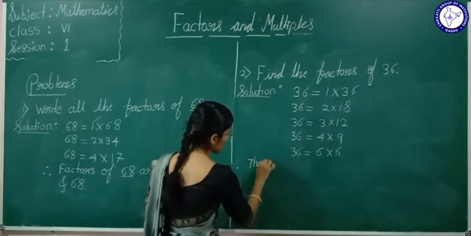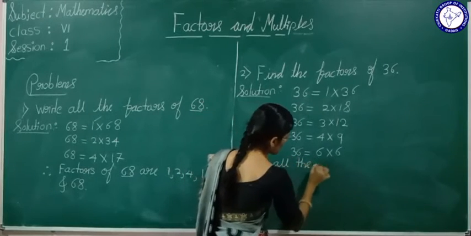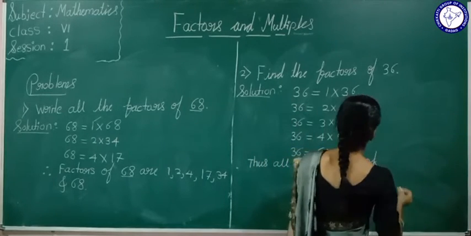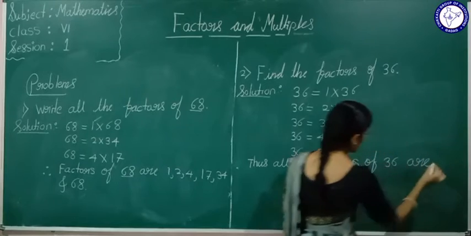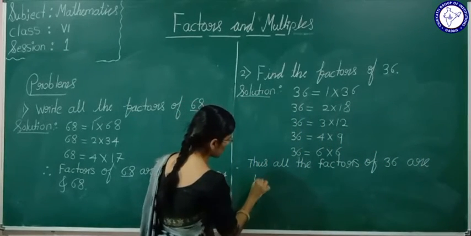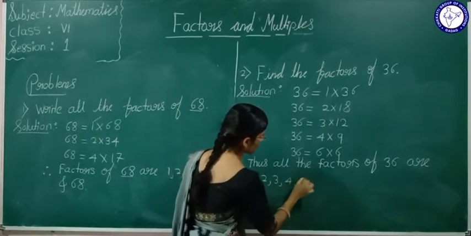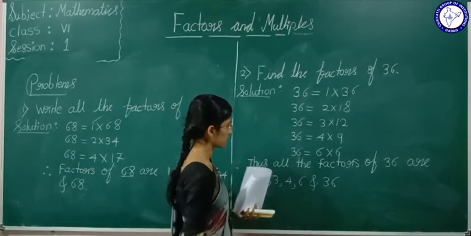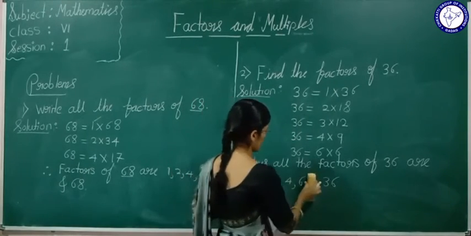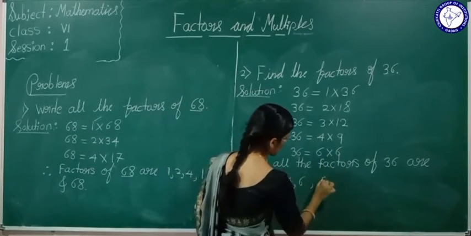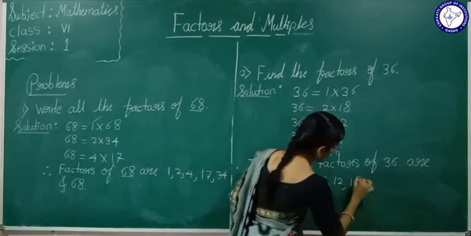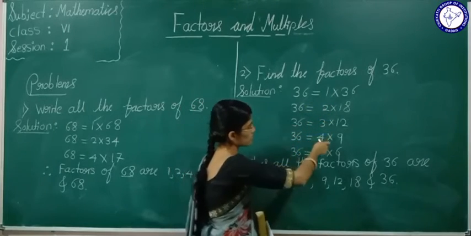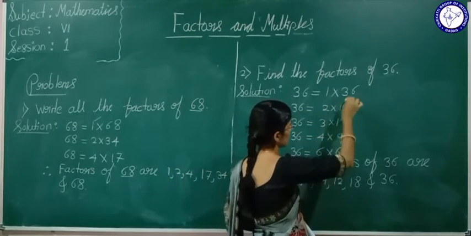Thus all the factors of 36 are 1, 2, 3, 4, 6, 9, 12, 18, 36.